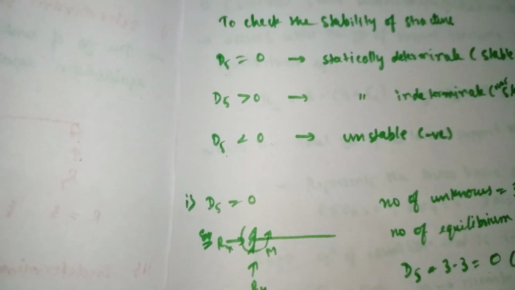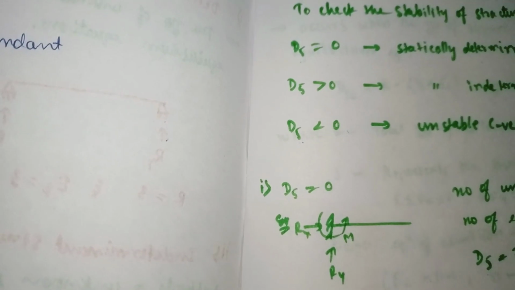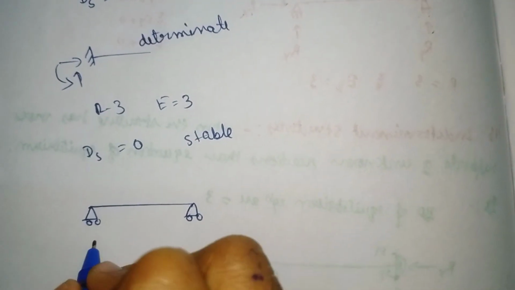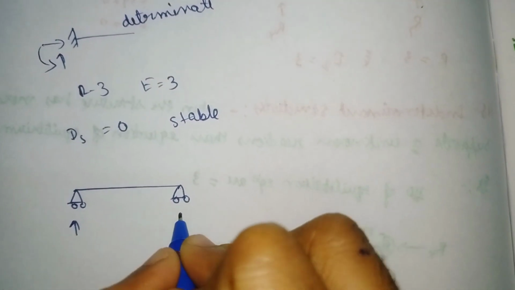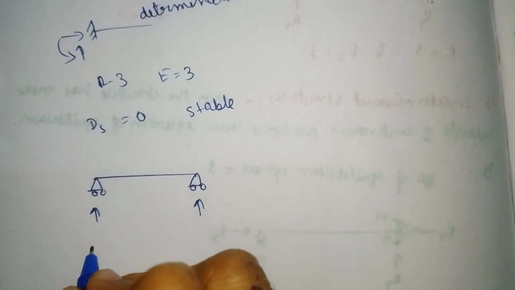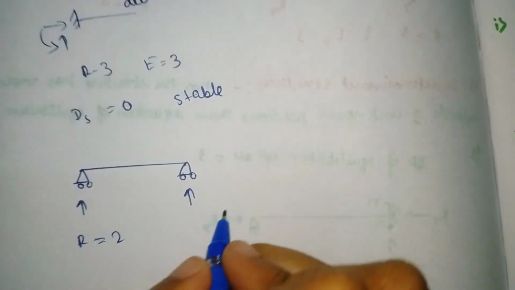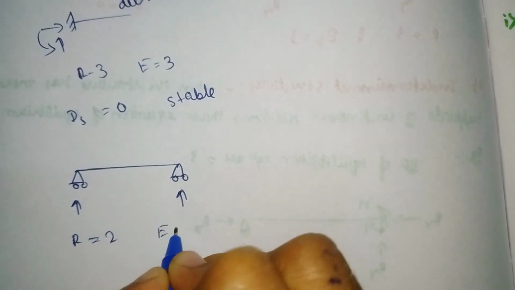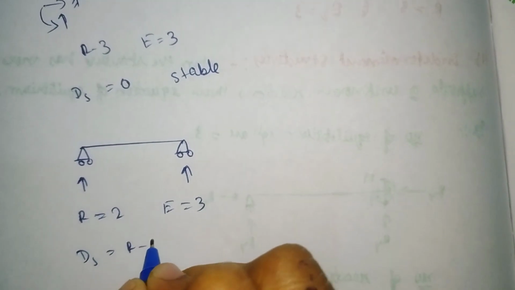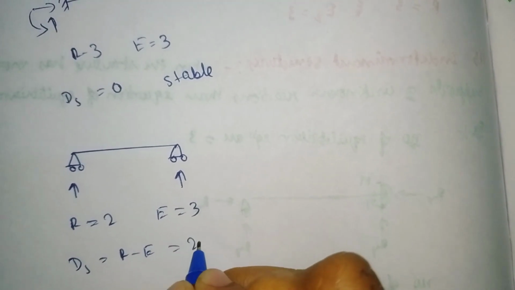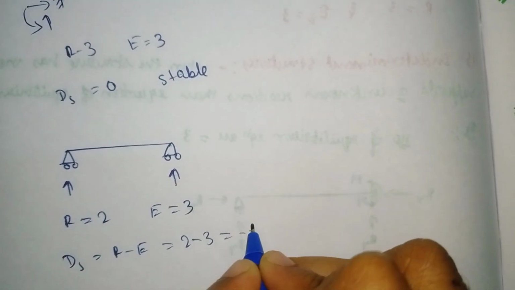Less than 0 means, I will show you when it is unstable. This is the structure. Only vertical reactions take place here, and here also vertical. So the total number of reactions is 2 and the equilibrium equations are 3. So ds is equal to r minus e, that is 2 minus 3, which comes out as minus 1.